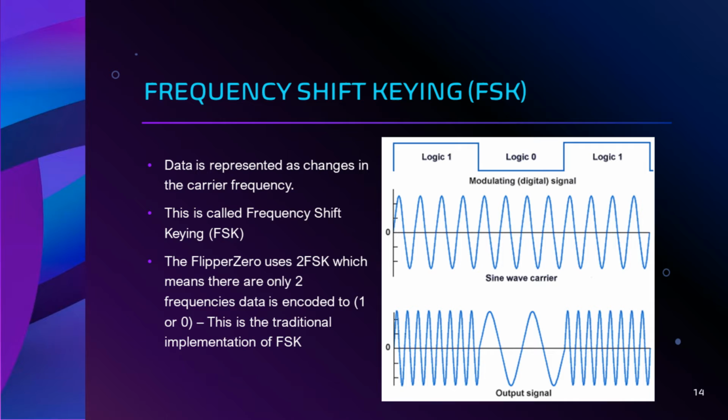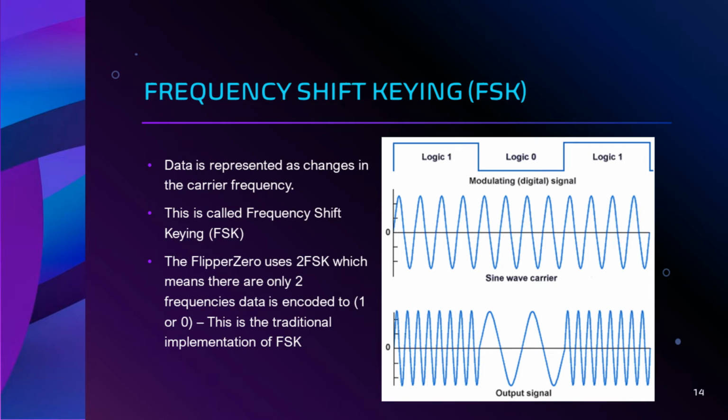So frequency shift keying is an FM modulation technique where we basically just squeeze our frequencies. We make them higher when there's a 1, and we stretch them out, make them lower when there's a 0. Now, it's also referred to as 2FSK, and that just means that there are 2 frequencies that are encoded.